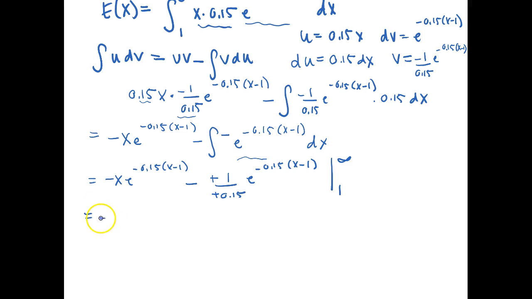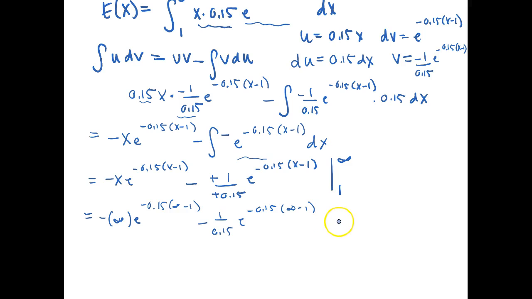So this is equal to negative infinity times e to the negative 0.15 infinity minus 1, minus 1 over 0.15 e to the negative 0.15 infinity minus 1.